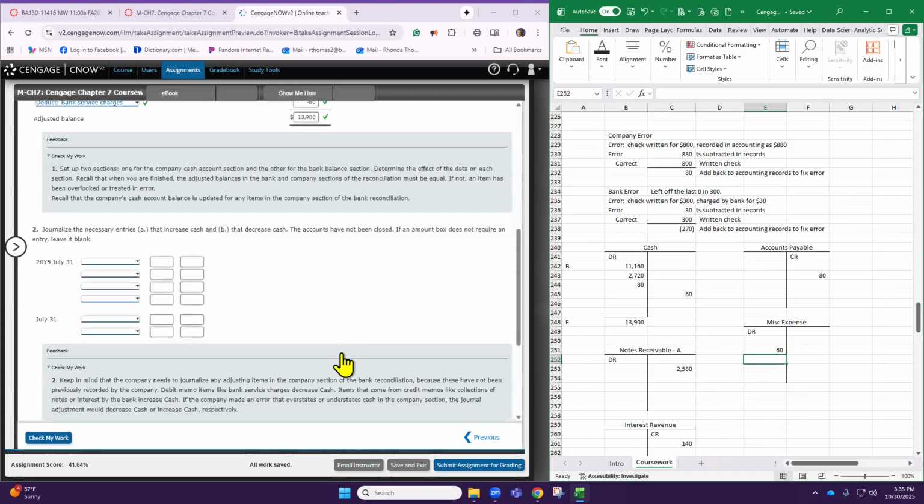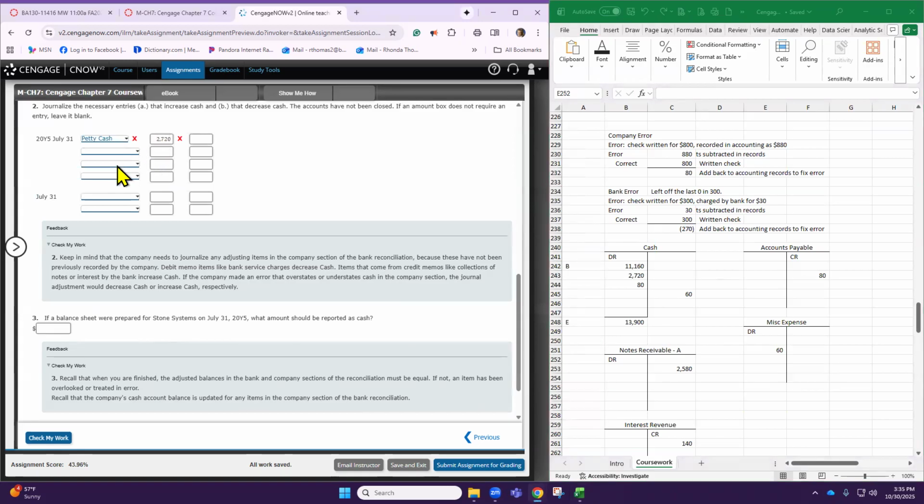All right, so now let's put this together. Yikes. We have three things that affected. So let's start with the cash. Cash is going to go up the full amount of the note, $2,720. And that is made up of, let me see, I don't think they broke them up.